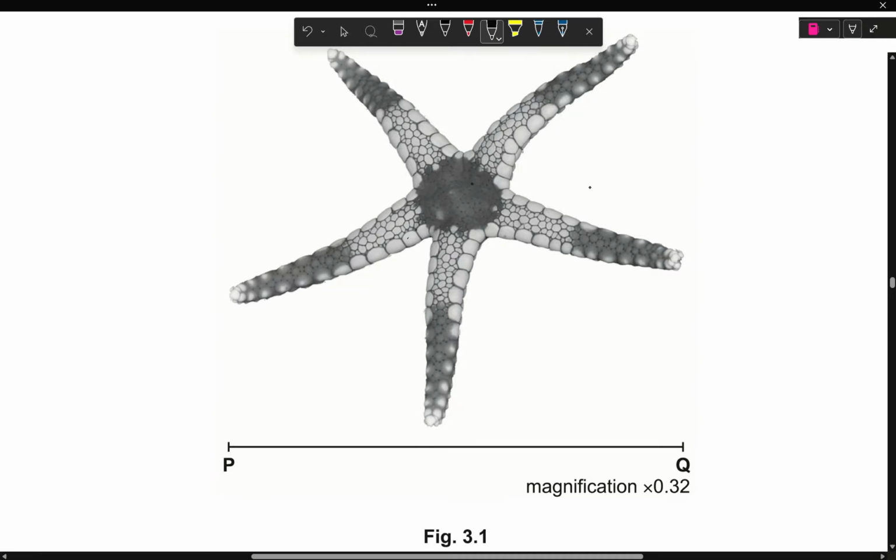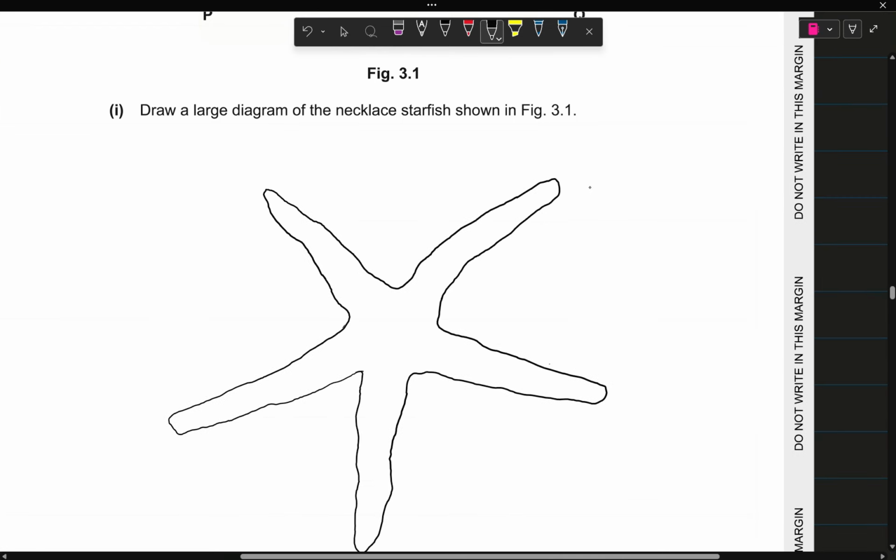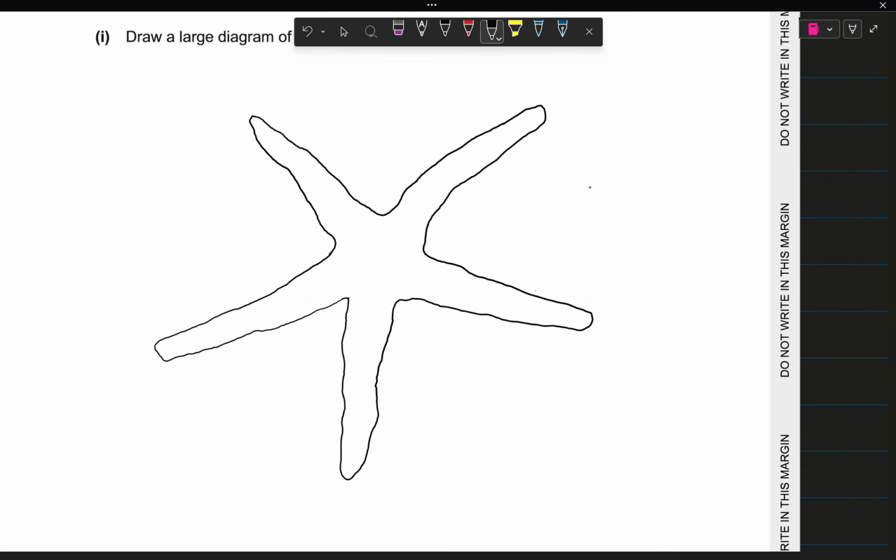So you can represent this wall of cells using just a secondary outline. Of course, you should opt for a thinner pencil in your exam. This is not the ideal way to draw it. So you just draw the secondary outline, to represent the secondary wall of cells.